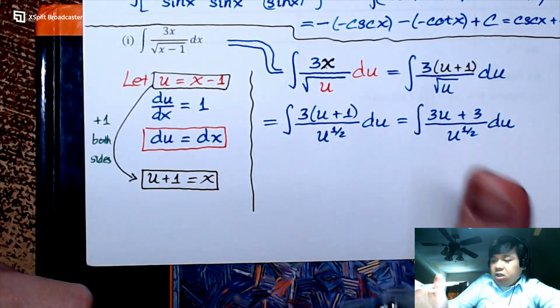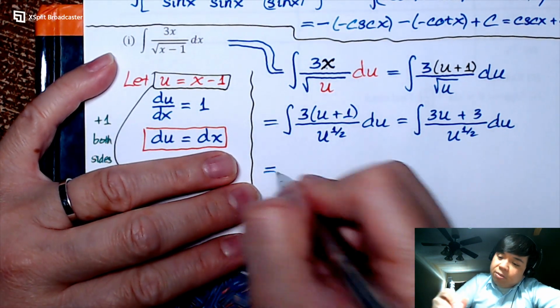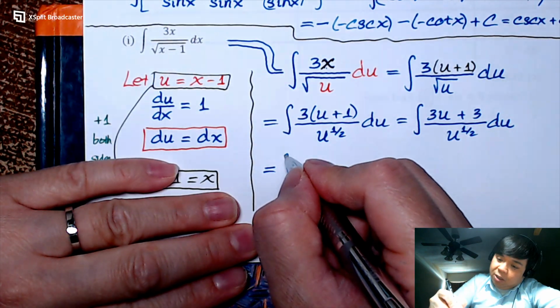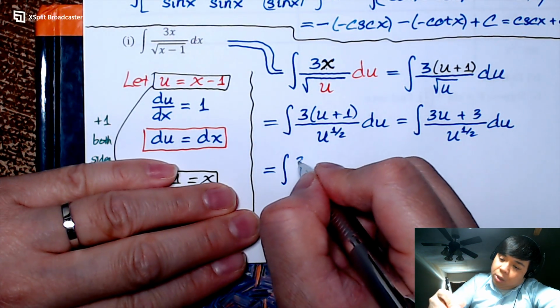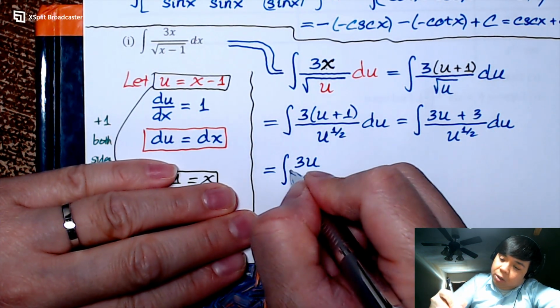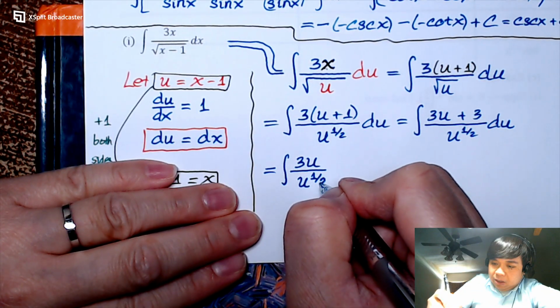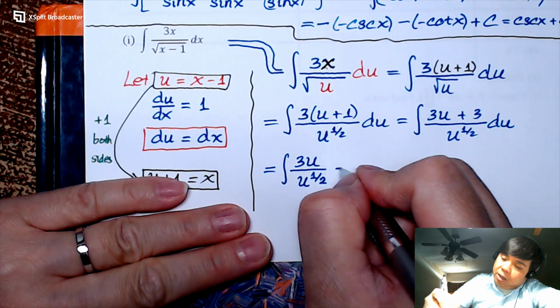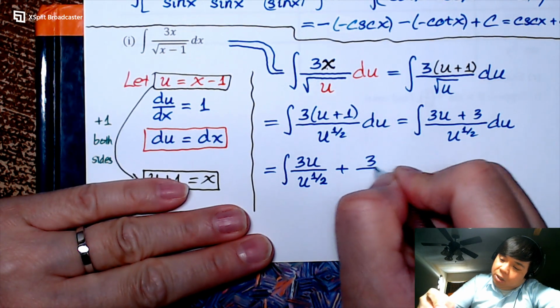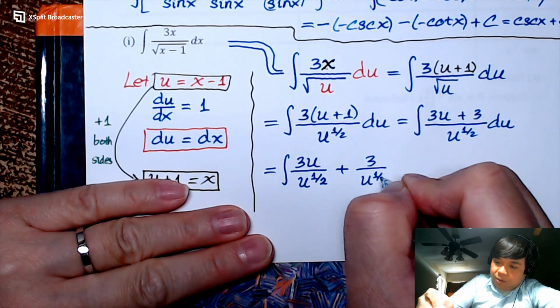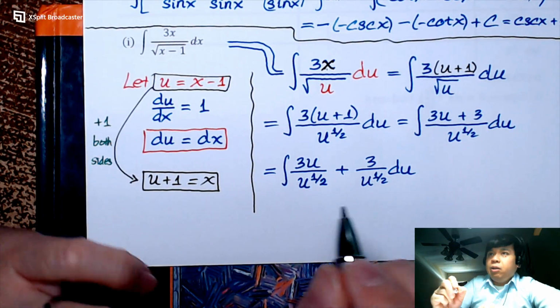And then we can split the top: 3u over u to the 1/2 plus 3 over u to the 1/2.